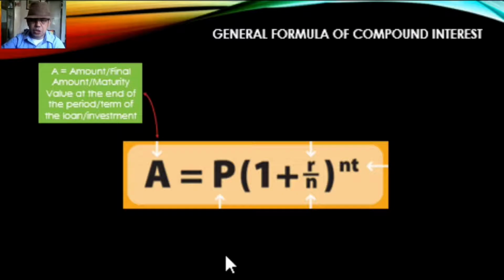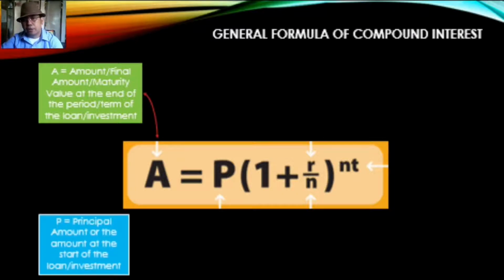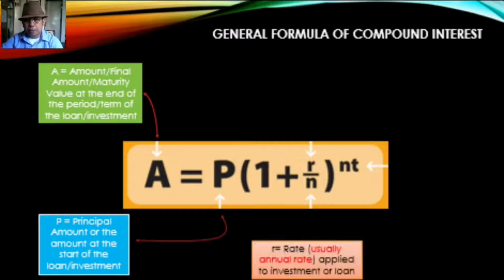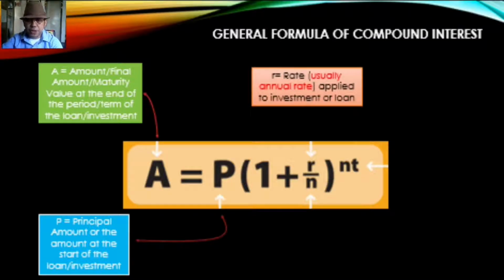The next one would be capital P. That capital P stands for the principal amount or the amount at the beginning of the loan, investment, or any deposit for that matter.